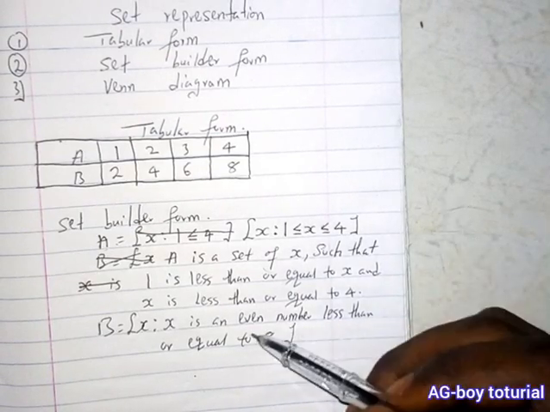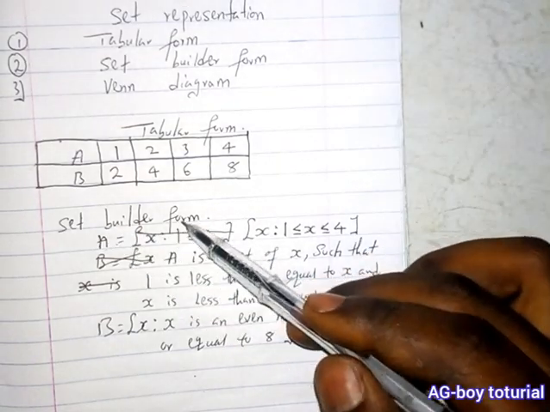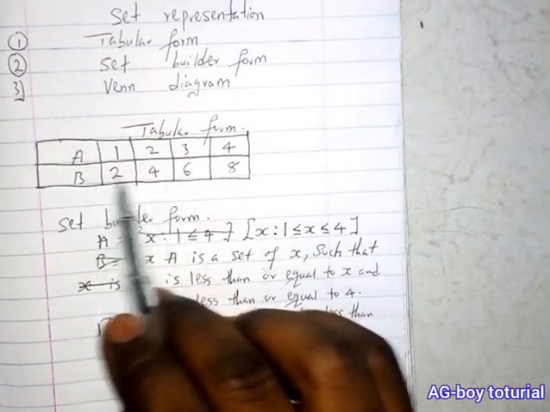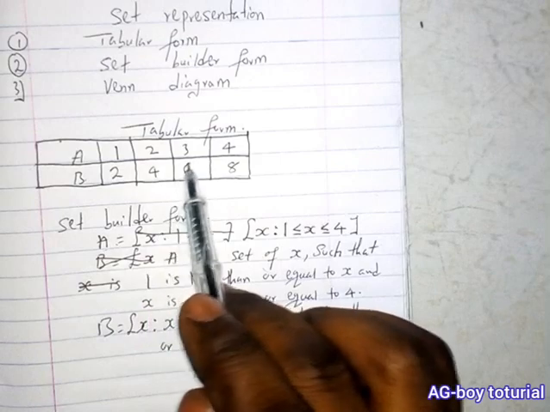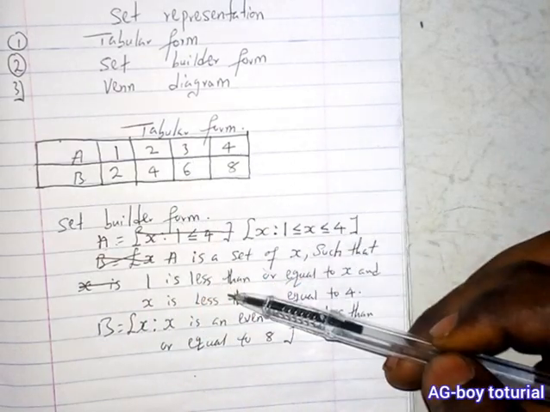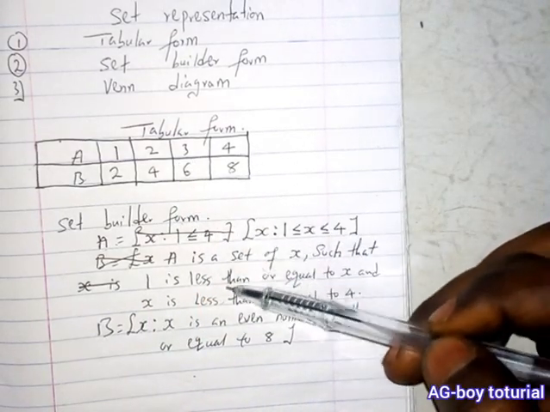So that's the meaning of this in set builder form, when you want to represent this from the tabular form to the set builder form.